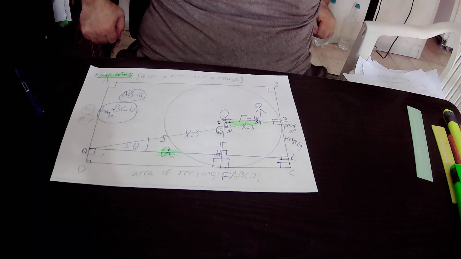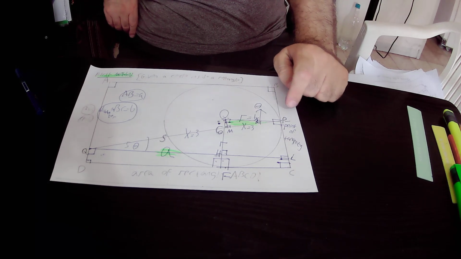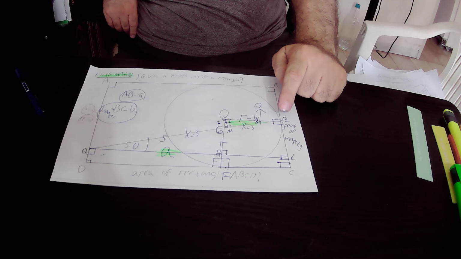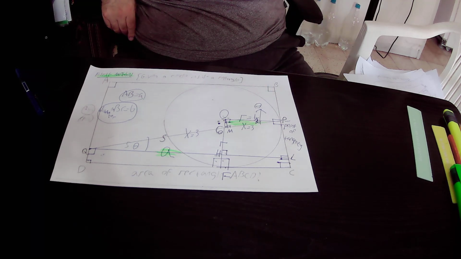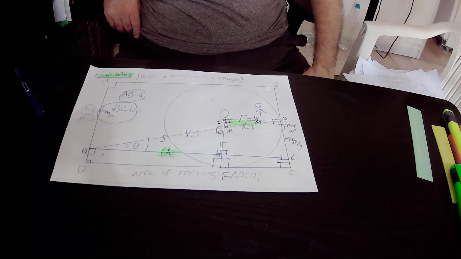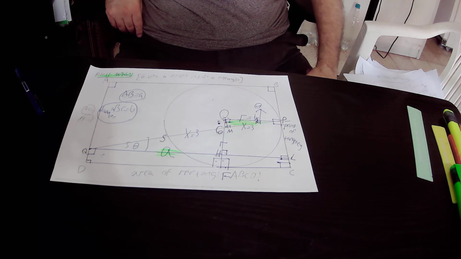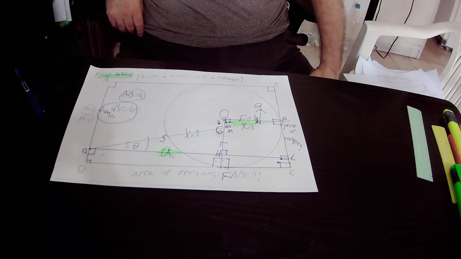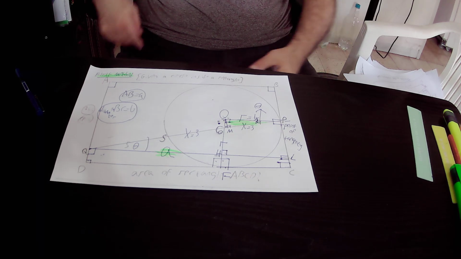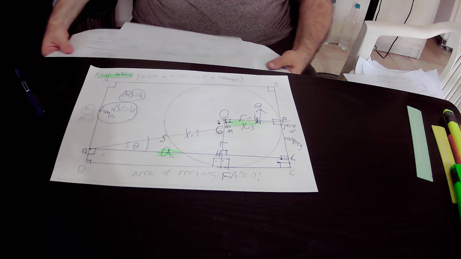Then I found out the value of cosine theta in this right green triangle. I found out the value of cosine theta in the big right triangle. And we created equation number 3, which states that cosine theta according to equation number 1 must be equal to cosine theta according to equation number 2.